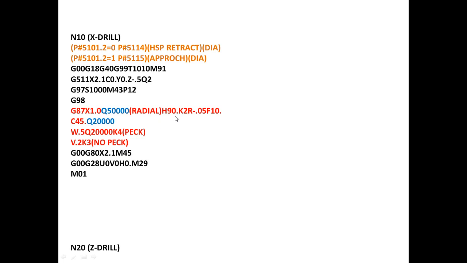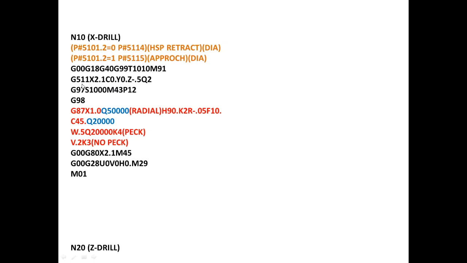And once it's done, it will index another 90 degrees and do the second drill hole on the first line. And there is the R value, R minus 0.05. That's the rapid approach from the current position.